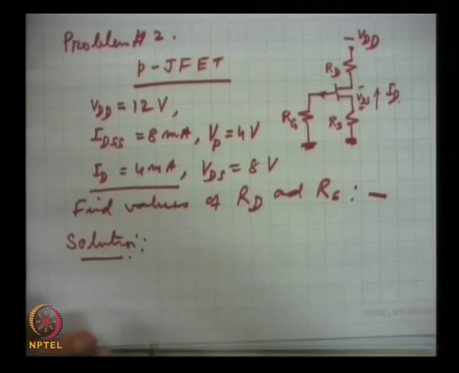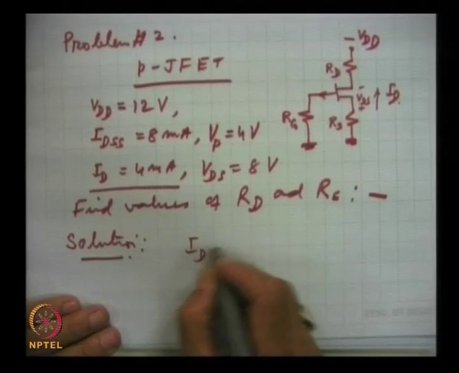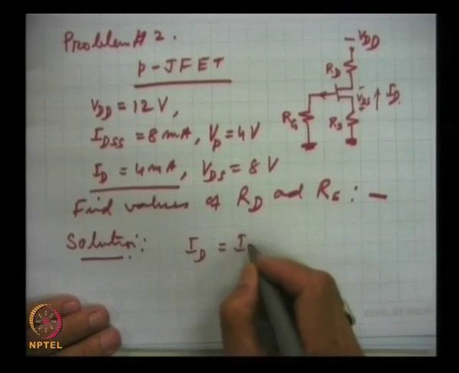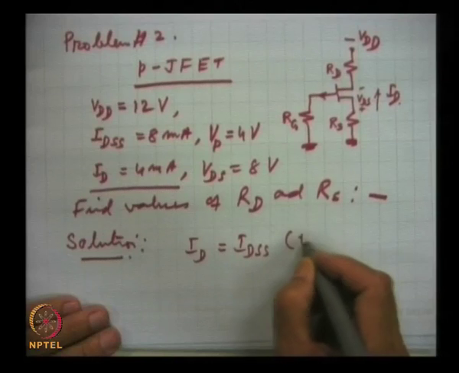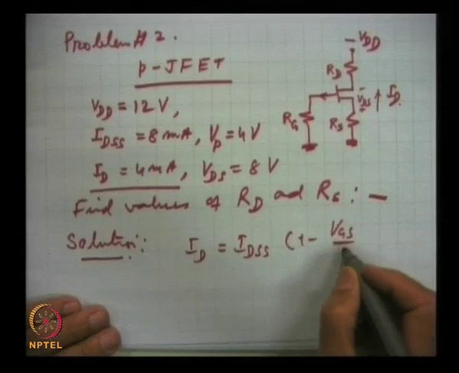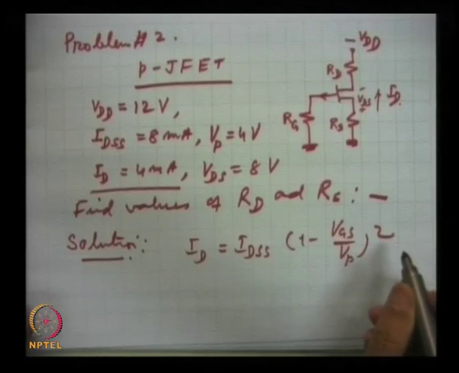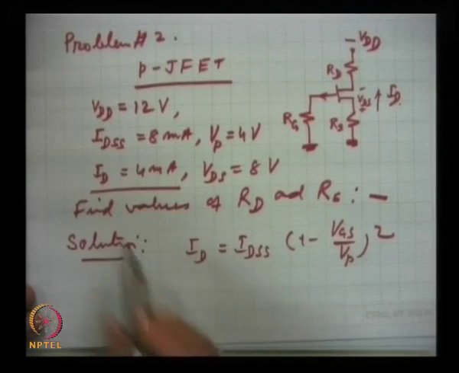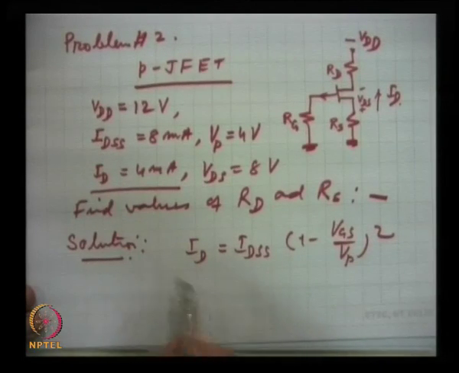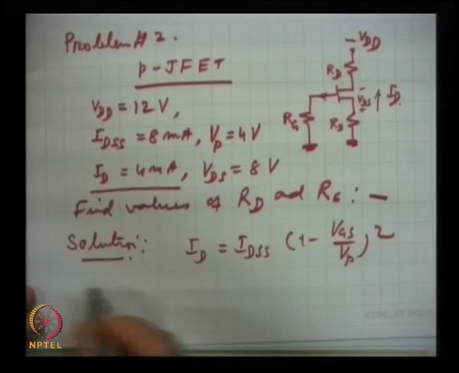we again use the same equation. The drain current is IDSS times 1 minus VGS by VP, squared, and it is given that ID is 4 milliamperes.